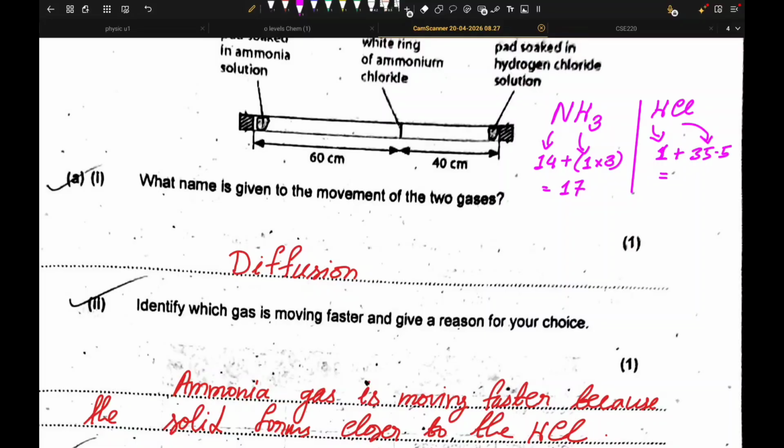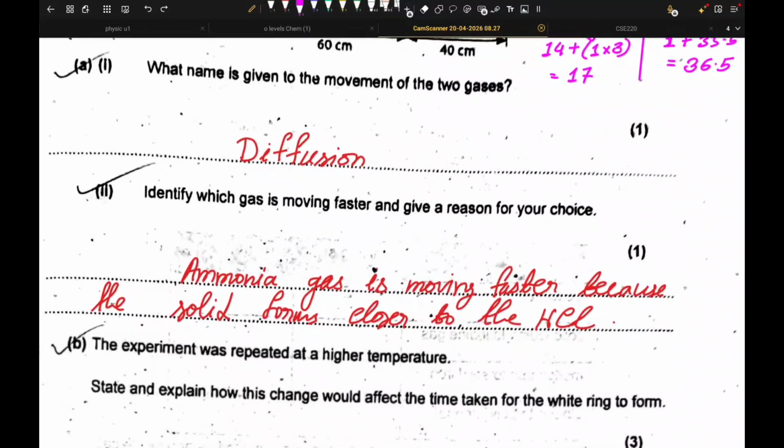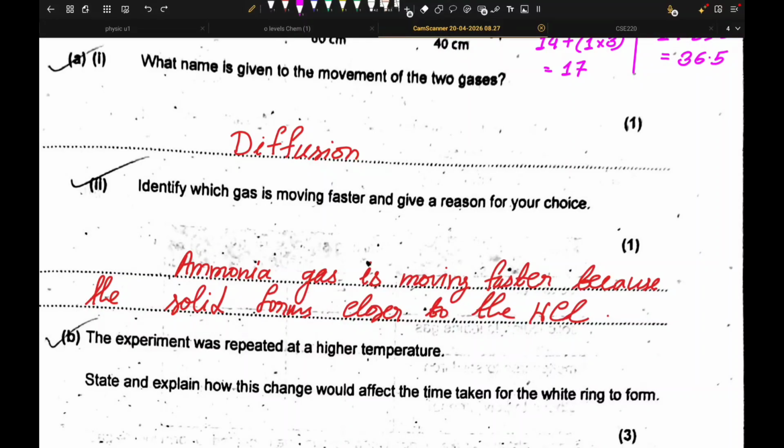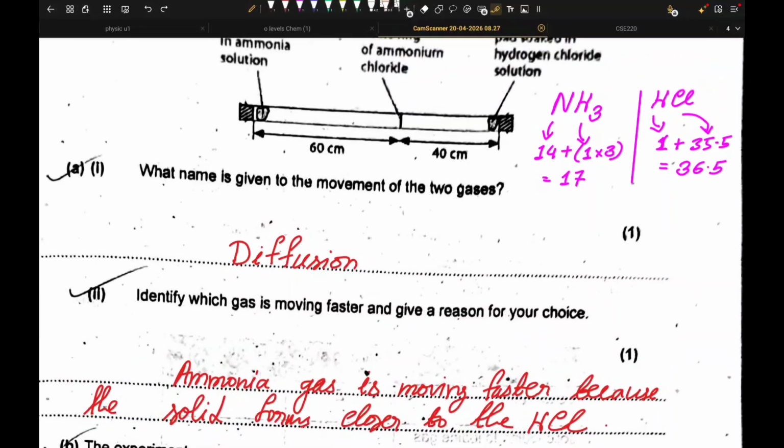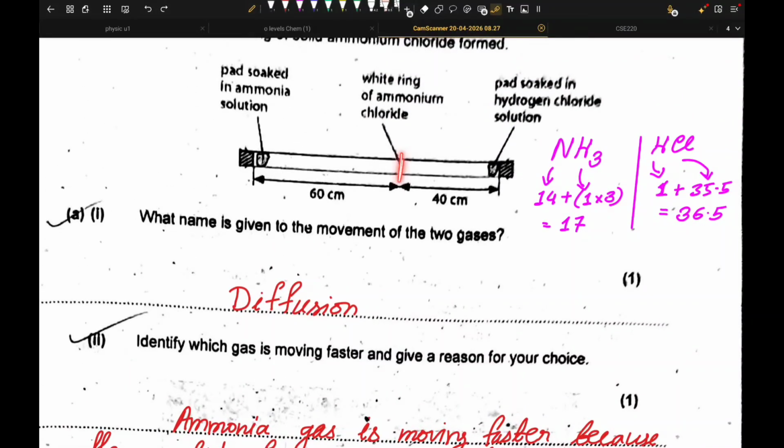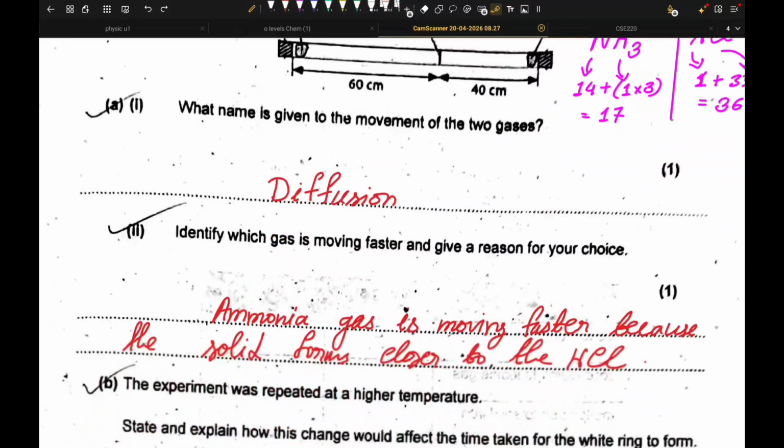So the mass of hydrogen chloride is 36.5, which is nearly double that of ammonia. So that means ammonia is a lighter gas. A lighter gas will move faster. And how do we know that ammonia has moved more? Because the ring that has formed is closer to the side of hydrogen chloride and further from ammonia. That means ammonia has traveled more path than hydrogen chloride has.